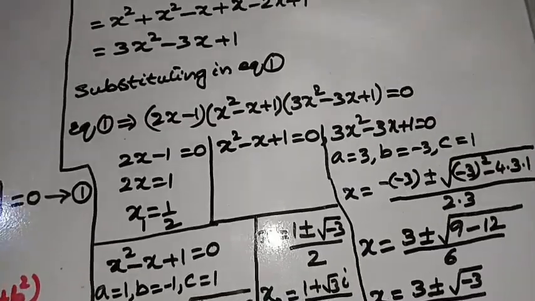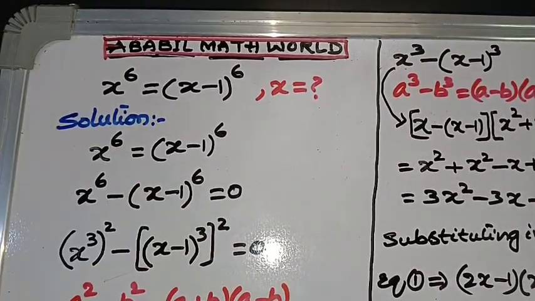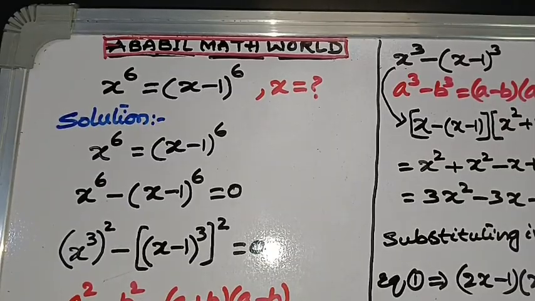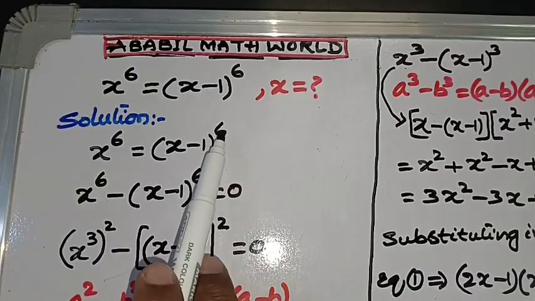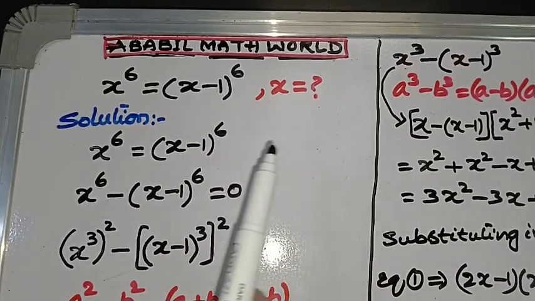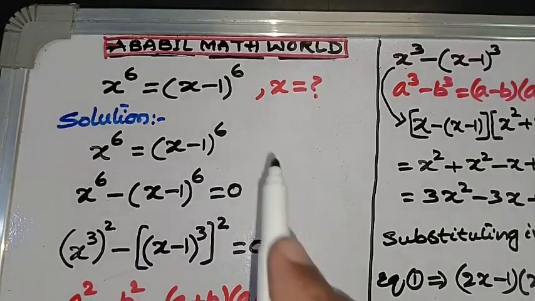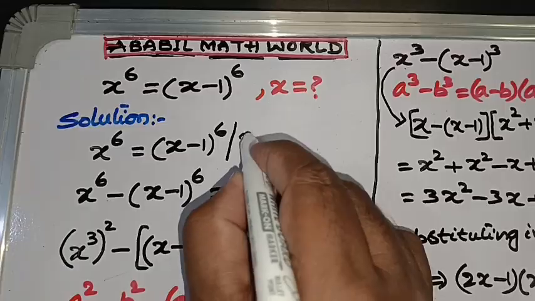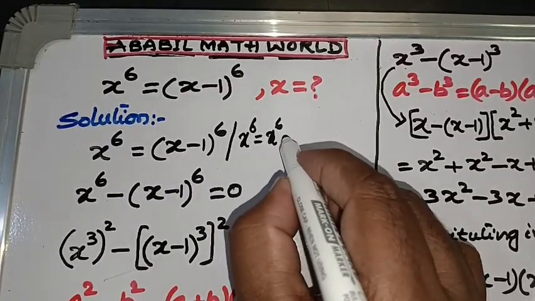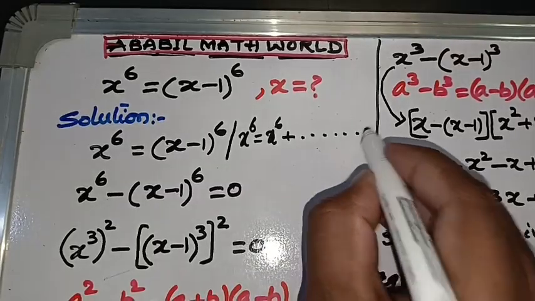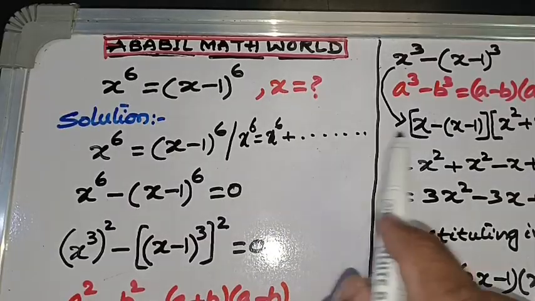So here we may have a doubt that actually we have a 6th degree polynomial equation, so we should get 6 roots. But actually when we expand x minus 1 whole to the power of 6 using binomial expansion, the first term we get here is x to the power of 6. Then we get alternately positive and negative terms, and the power of x gradually decreases, x to the power of 5, x to the power of 4 and so on.